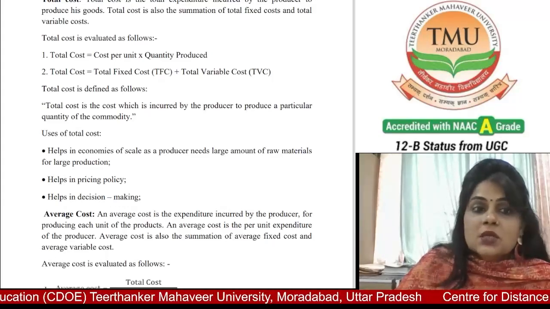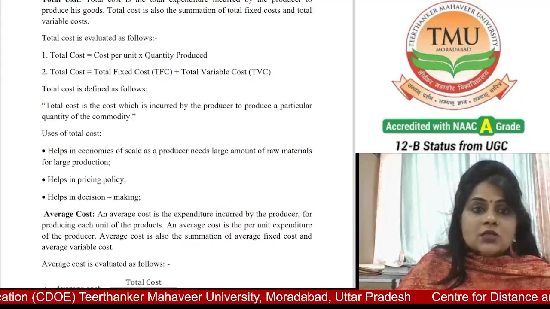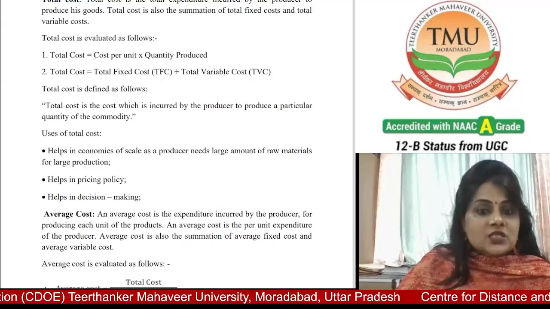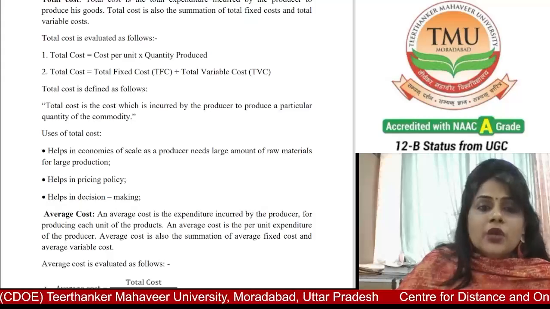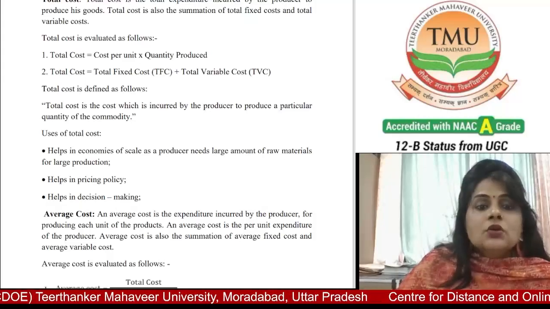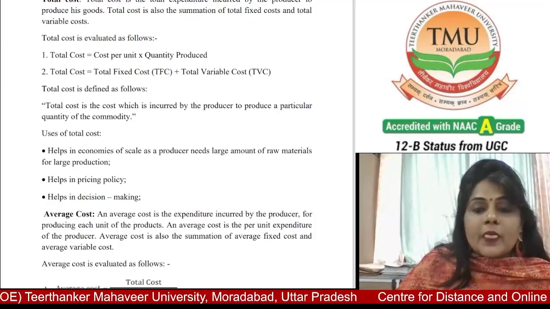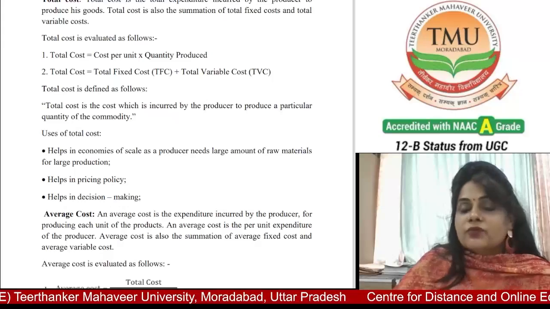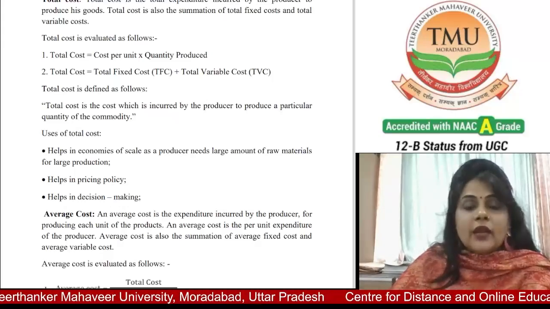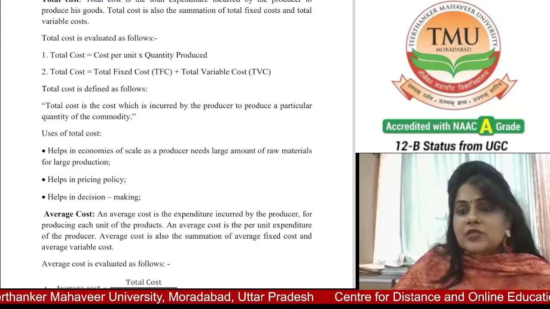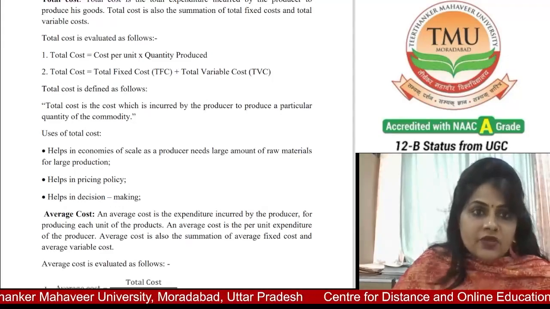In simple words, you can say the total cost is the sum of total fixed cost and total variable cost at different output levels. So total cost is the summation of the fixed and variable cost. Now, we also discussed fixed and variable cost in the previous video.